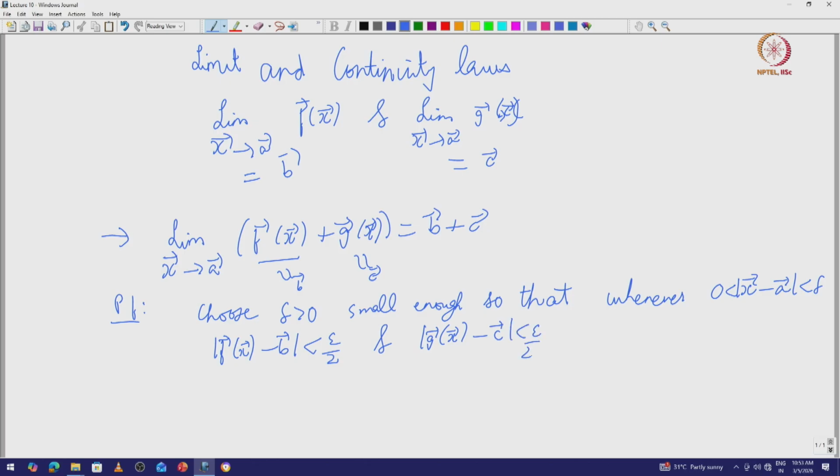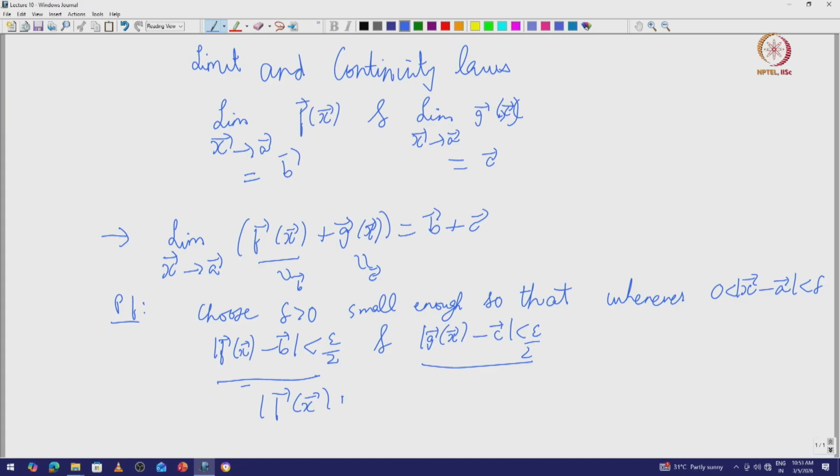Why can this be done? You can certainly choose a delta so that the first thing holds. This is by definition of the limit existing. You can choose another delta so that the second one holds, and then you can choose delta to be the smaller of these two deltas so that simultaneously these two things hold. Now the rest of the proof is rather easy.